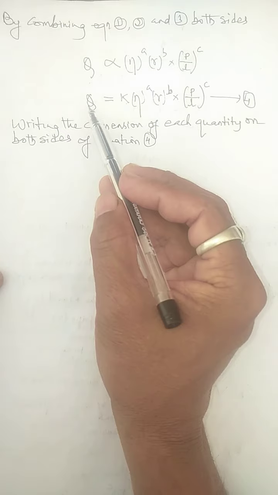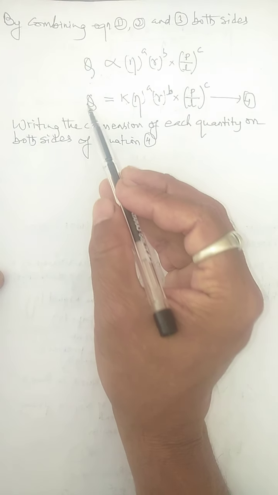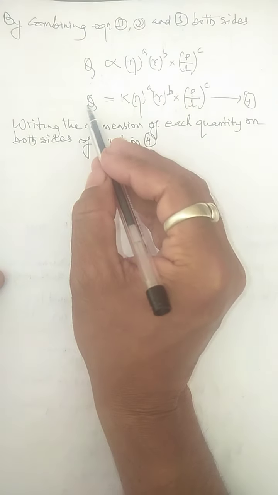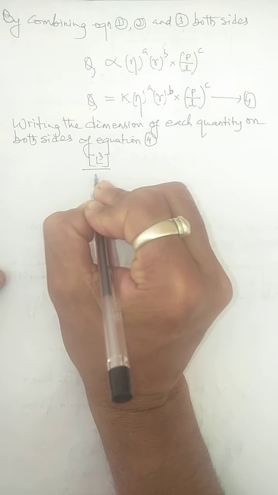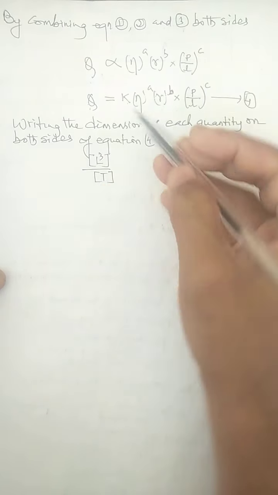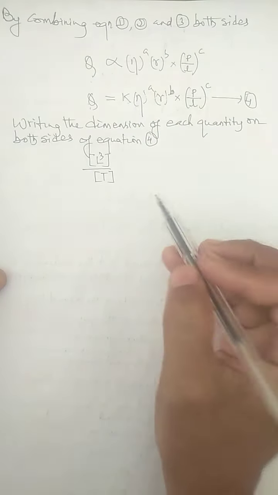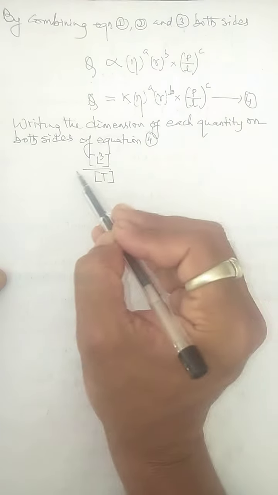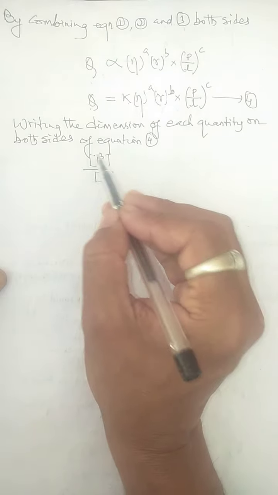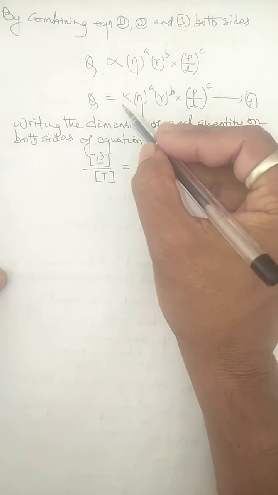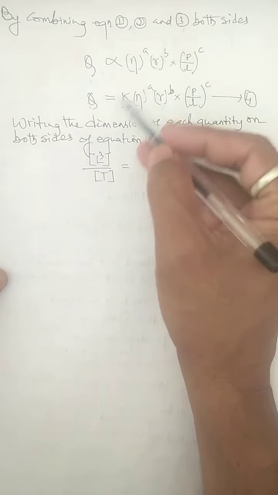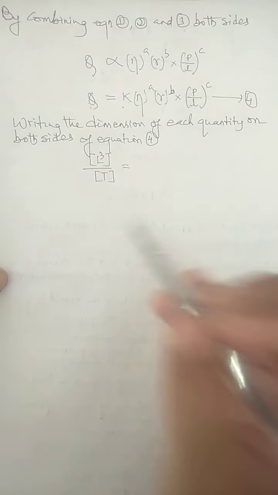The quantity on the left hand side is volume per unit time. The dimension of volume is L cube. Time dimension is T. So Q means V by T, which is L cube by T, equals to. Now when you write the dimension on both sides, this is a constant, so I neglect K.